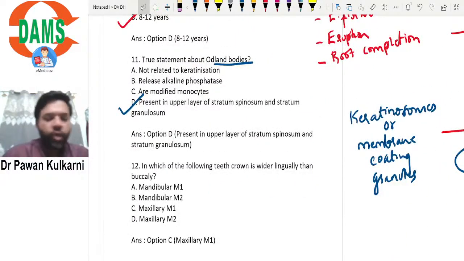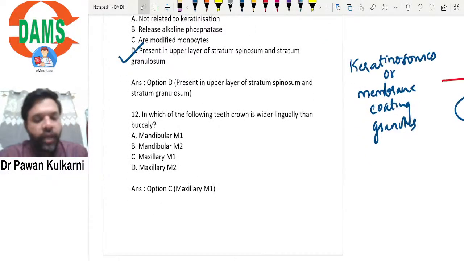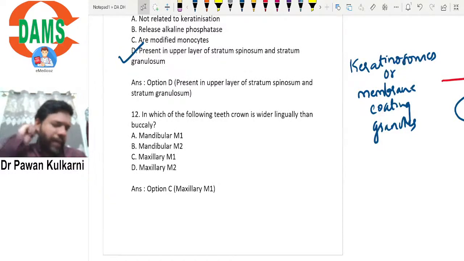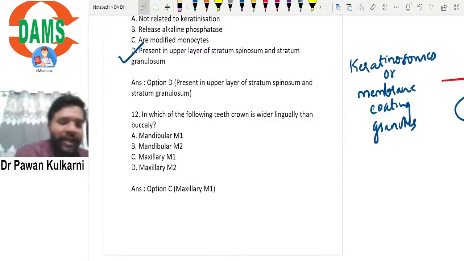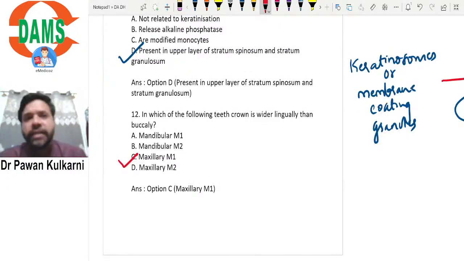Let us move on to the next question. In which of the following teeth is the crown wider lingually than buccally? The options are maxillary molar 1, mandibular molar 2, and maxillary molar 2. Maxillary molar 1 is the correct answer.